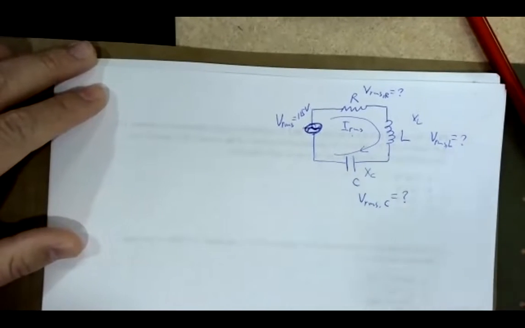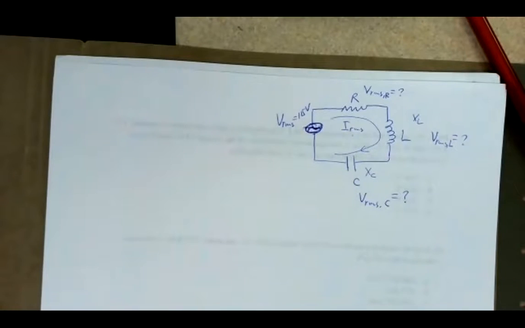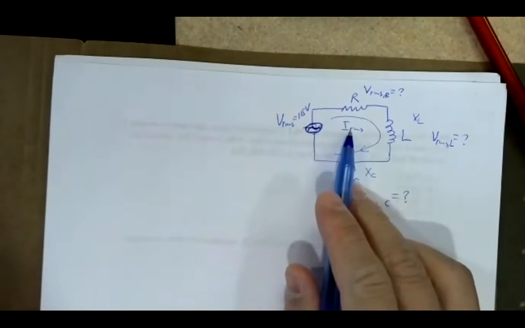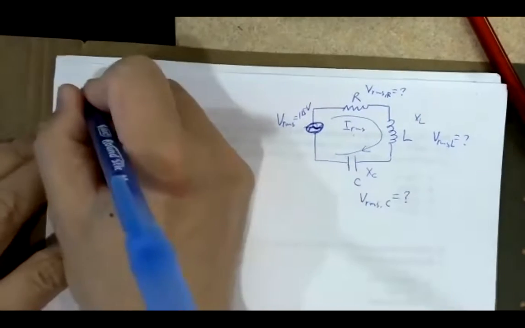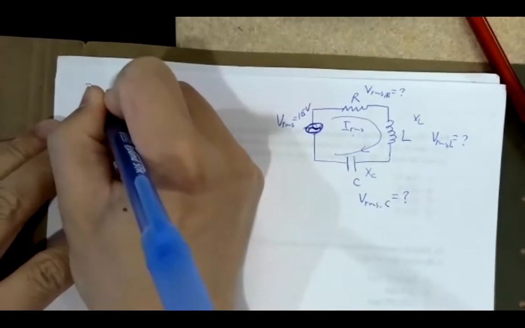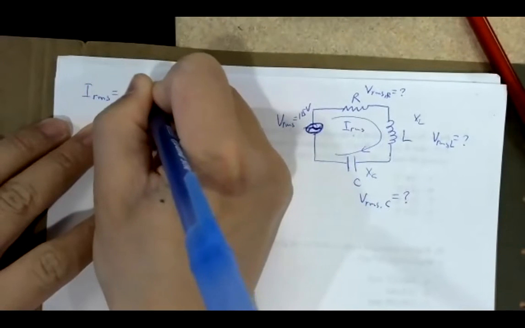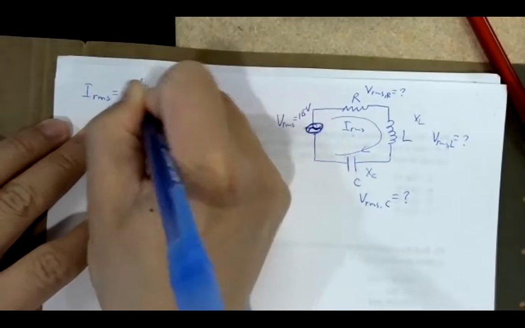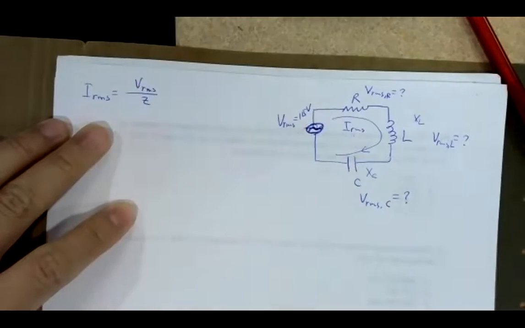That way you can calculate them. To figure out the IRMS, you'll do IRMS equals VRMS divided by the impedance of the whole circuit.